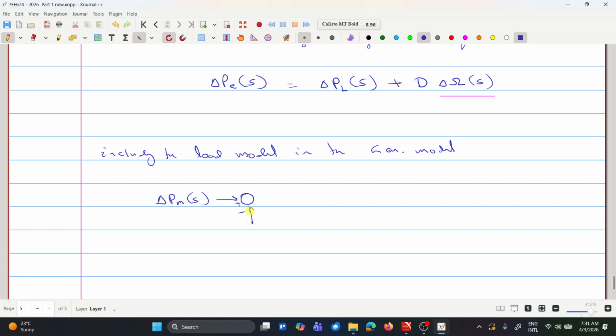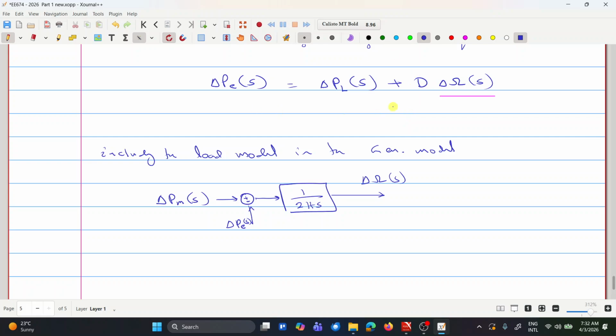This is plus, this is minus. Here we had delta PE, and the transfer function 1 over 2HS, which had the output delta omega s.